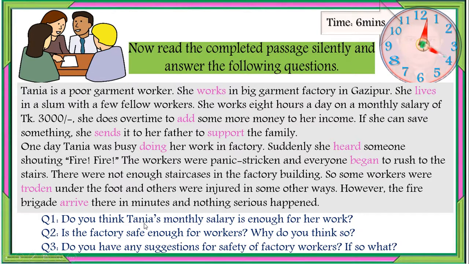Question number 1. Do you think Tanya's monthly salary is enough for her work? Question number 2. Is the factory safe enough for workers? Why do you think so? Question number 3. Do you have any suggestions for safety for factory workers? If so, what?